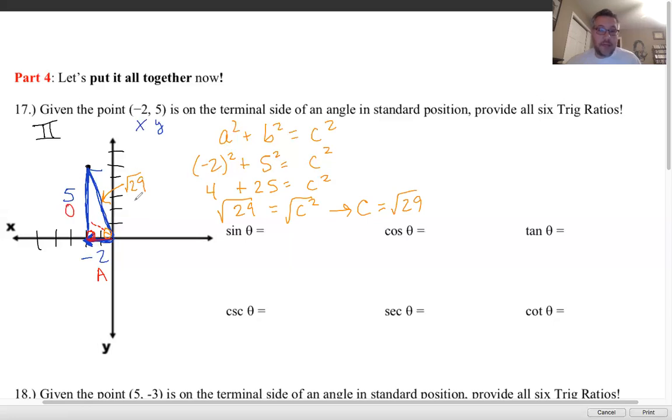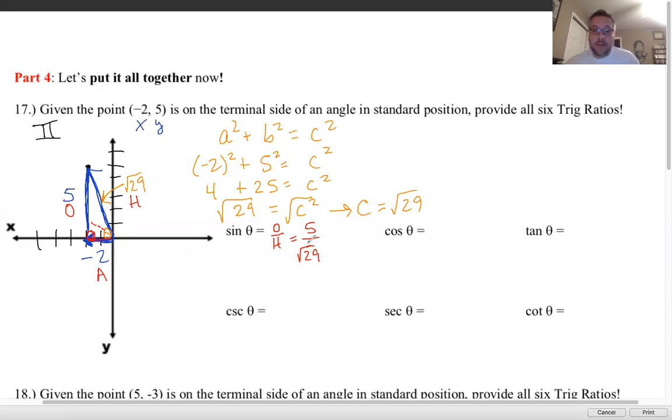And this root 29, which you're not going to turn into a decimal, is the hypotenuse. So now we should be ready to rock and roll. Sine is opposite over hypotenuse. So that would be 5 over root 29. But guess what? We're not going to leave it like this because we practiced rationalizing the denominator in part 2.